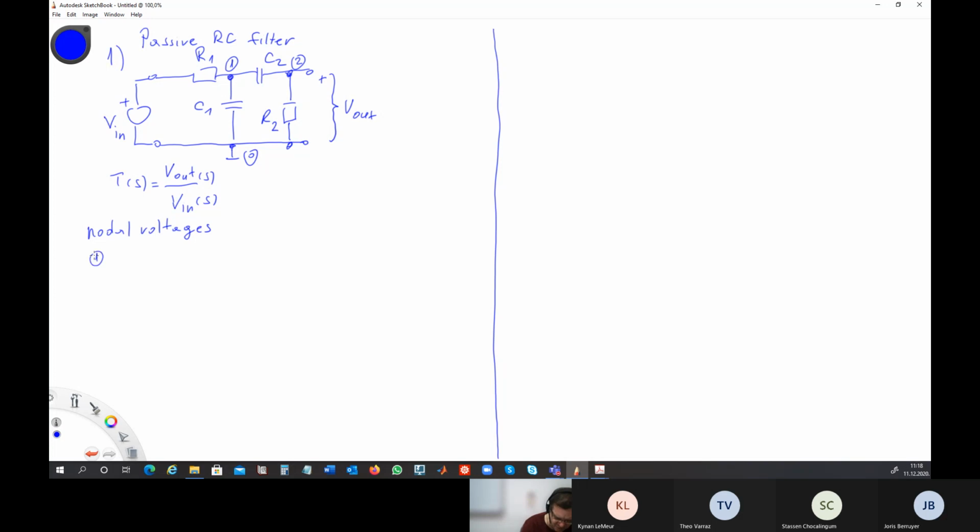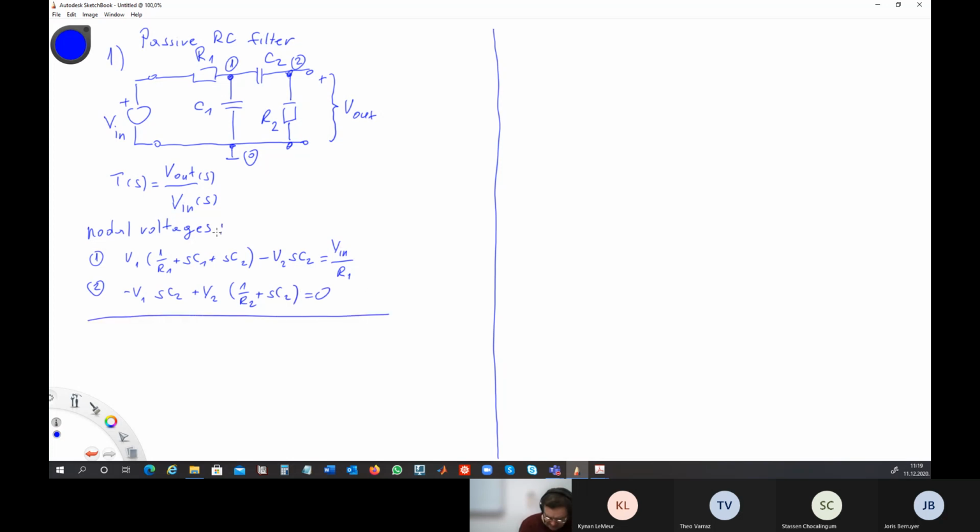So for node 1, we have V1 times 1 over R1 plus SC1 plus SC2, minus V2 SC2, equal to V in over R1. And for the second, we have minus V1 SC2 plus V2 (in English it is V, in Croatian it is U) times 1 over R2 plus SC2, equal to 0.